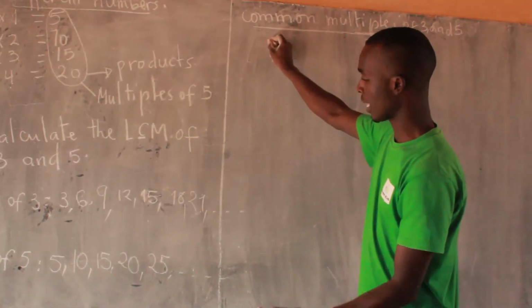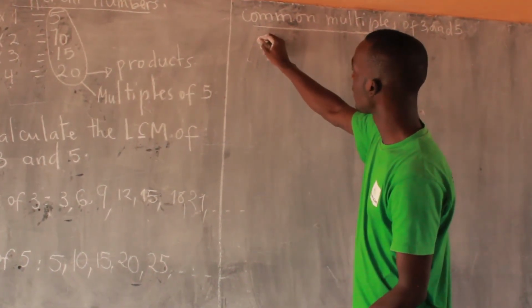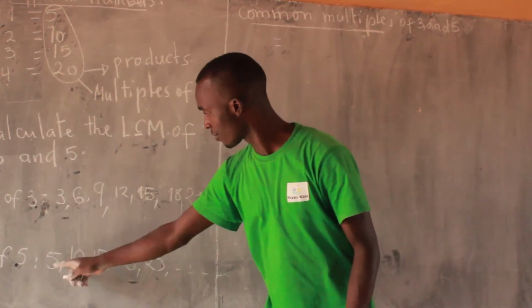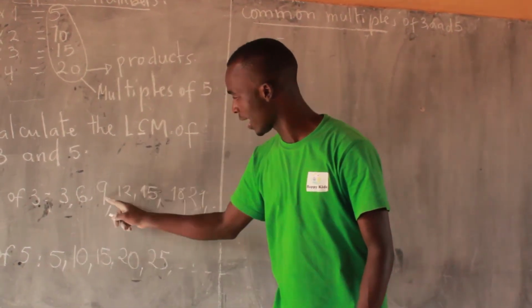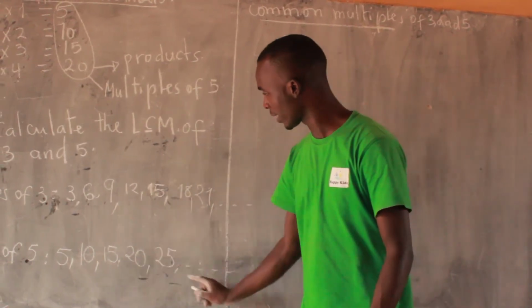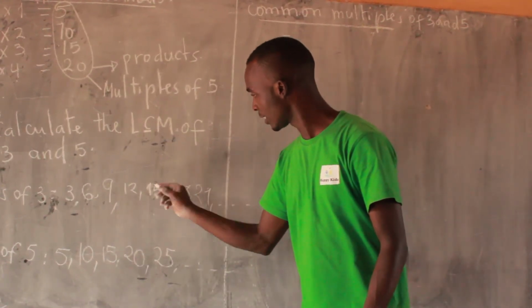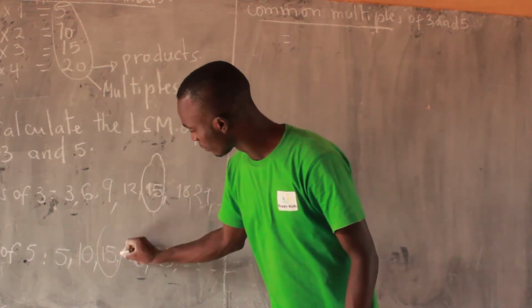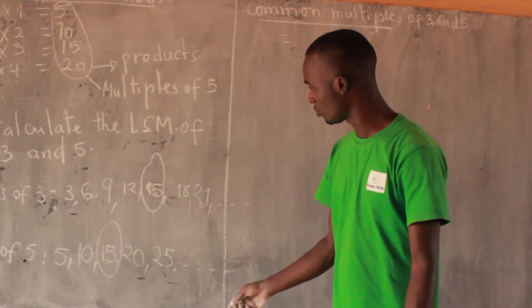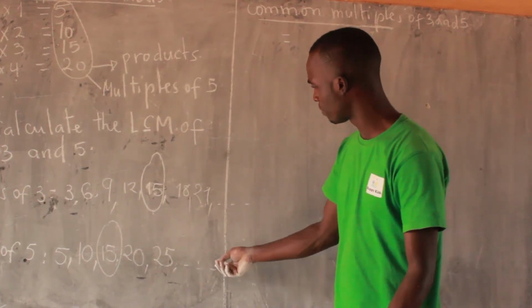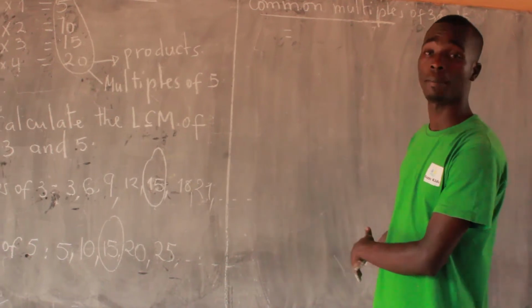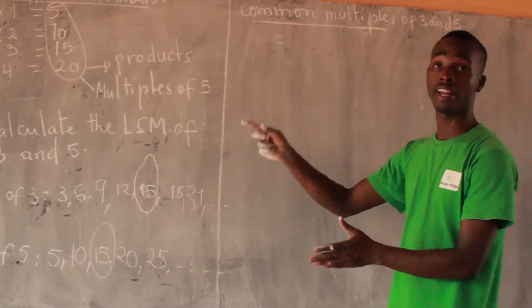We have 3, no 3 here; 6, no 6; 9, no 9 here; 12, no 12 here; here 15. I can see here we have 15 and also here you have 15. Let me continue, maybe I will get other multiples which are in common.